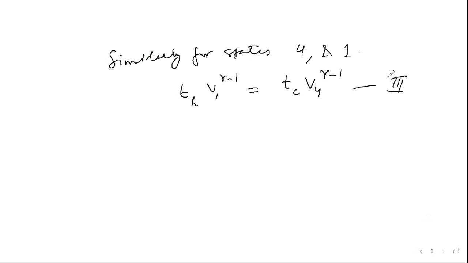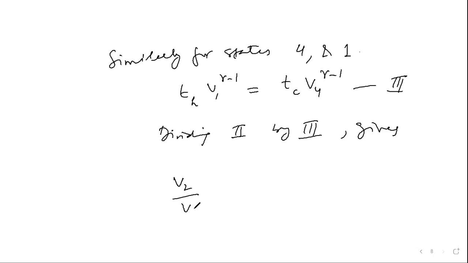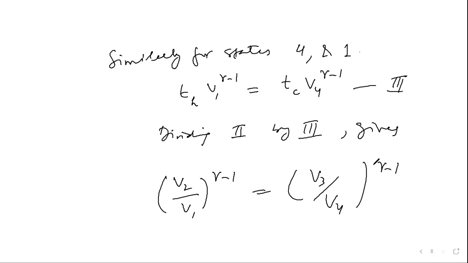Dividing the second by the third gives V2 by V1 raised to gamma minus 1 is equal to V3 by V4 raised to gamma minus 1.